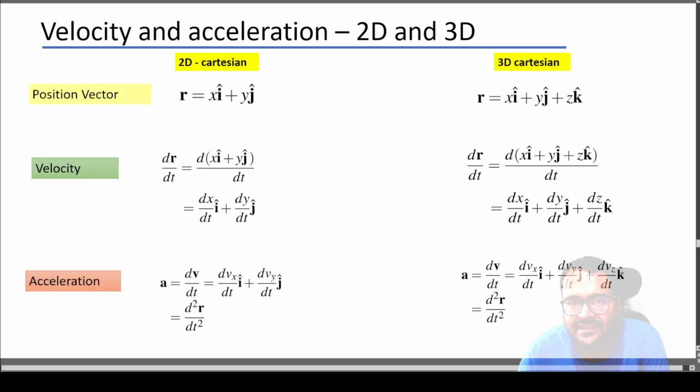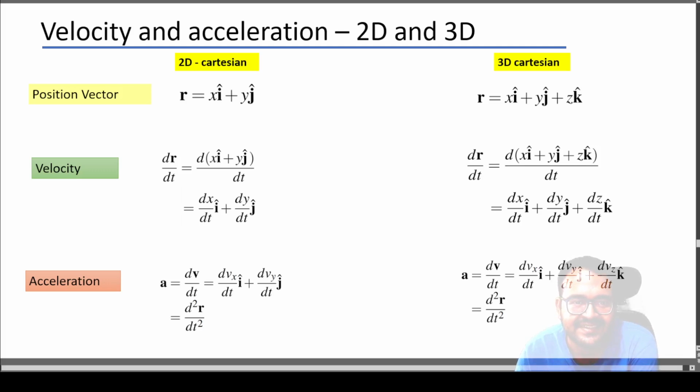Okay guys, in 2 dimensions, the position becomes a true vector, and we write position as x i cap plus y j cap. It's a 2D Cartesian. Now, to get velocity, I'll take a derivative of it.